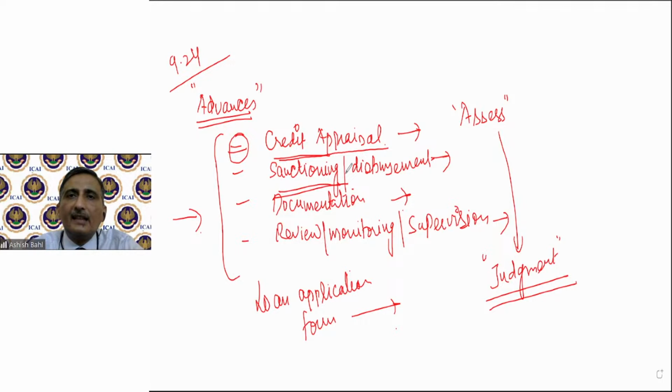Okay, so this you have to remember. So what does a sanction letter contain? A sanction letter contains various terms and conditions which have to be complied with by the borrower. Okay, and then comes documentation.